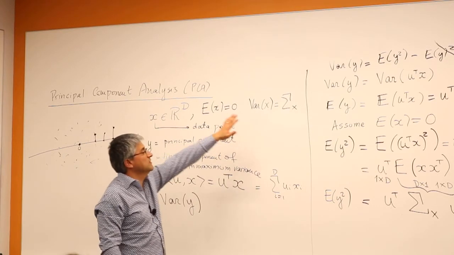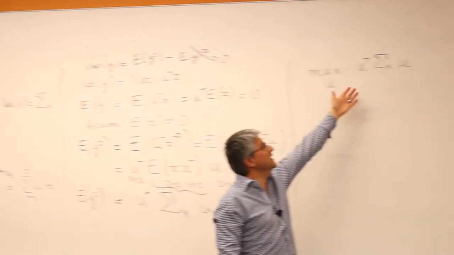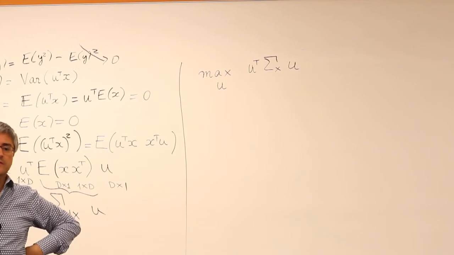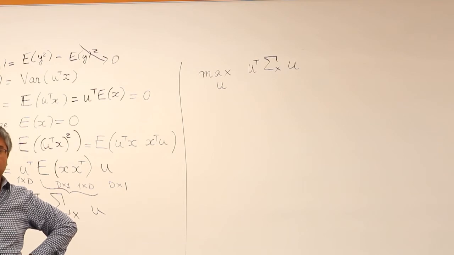So I give you sigma. Suppose that this is scalar, this would be sigma u squared. What is the maximum with respect to u of sigma u squared? Calculus 3.